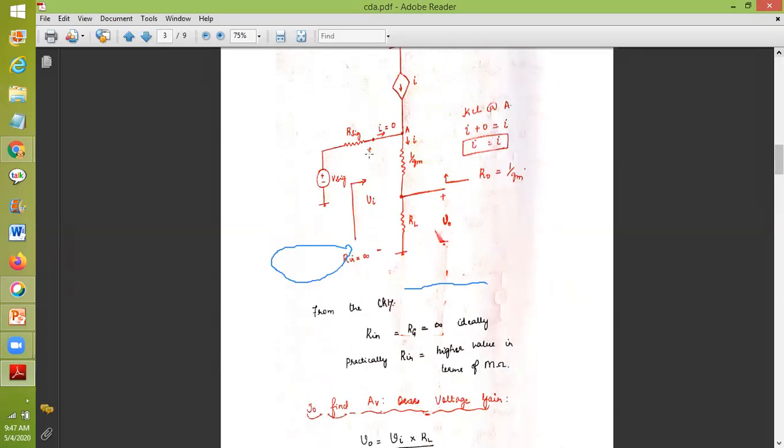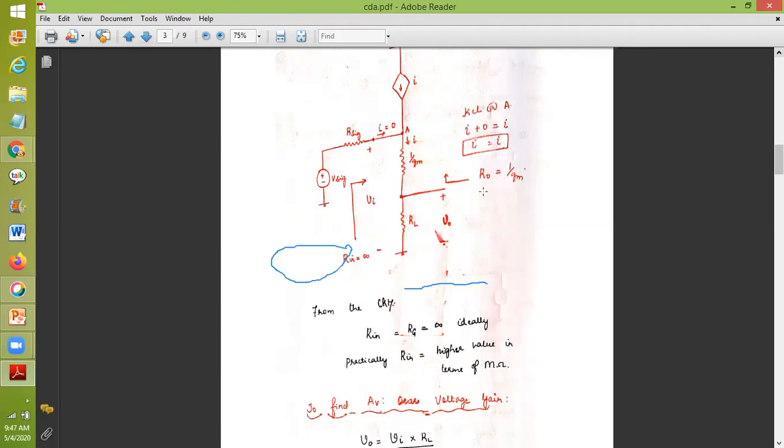It will be like a short circuit here. And when you don't have Vi, this current source will be open circuit. So to find the output impedance, if there is any current source, make it open circuit. If there is a voltage source, make it short circuit. That is the condition.